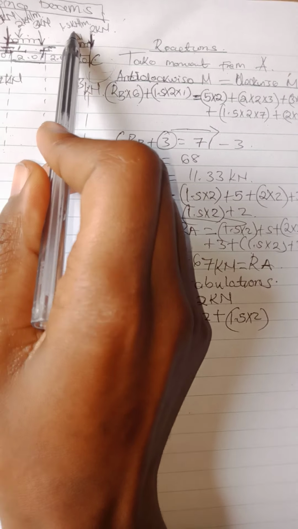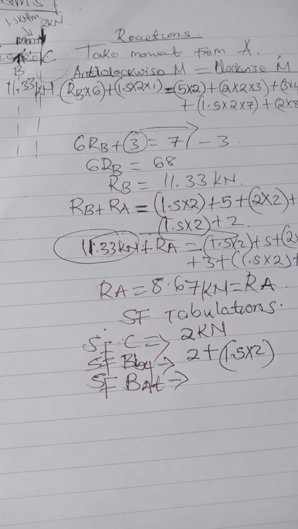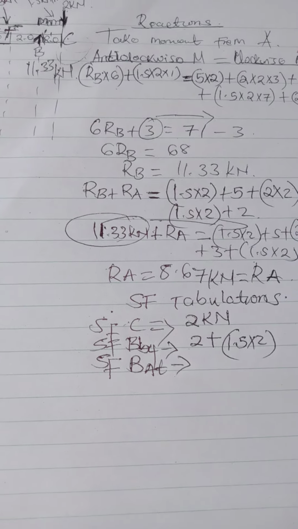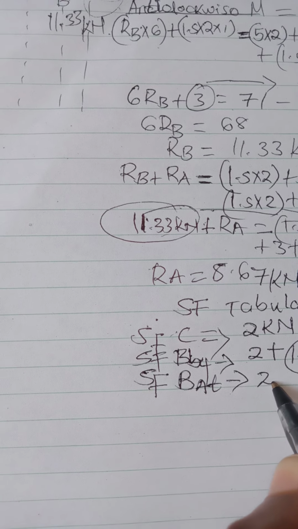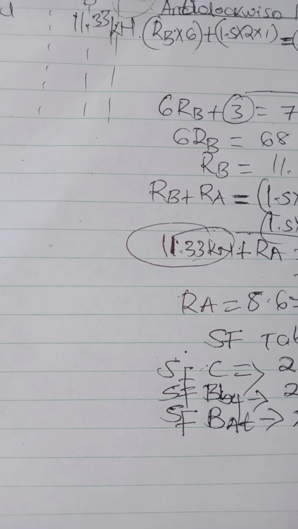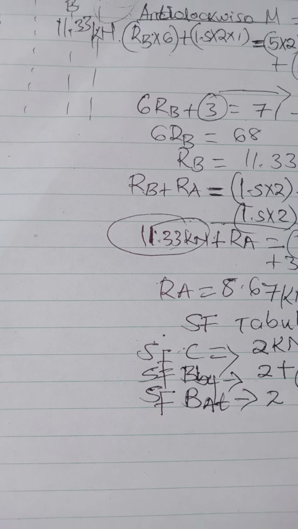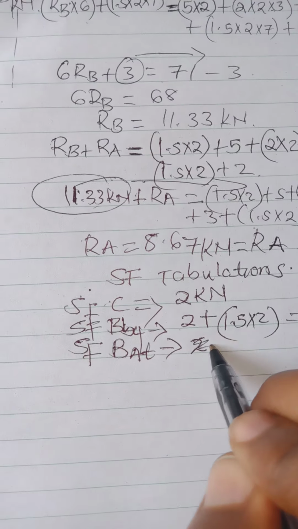Then the SF tabulation at B will be 2. To make the work easier, we won't repeat the values again.